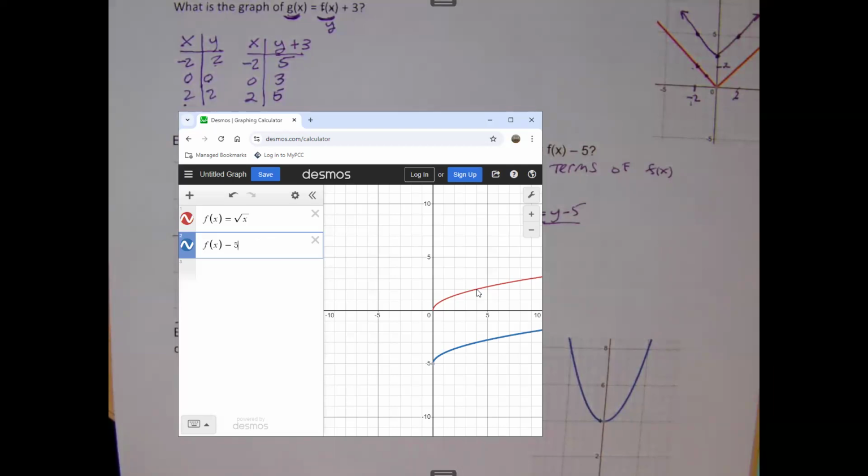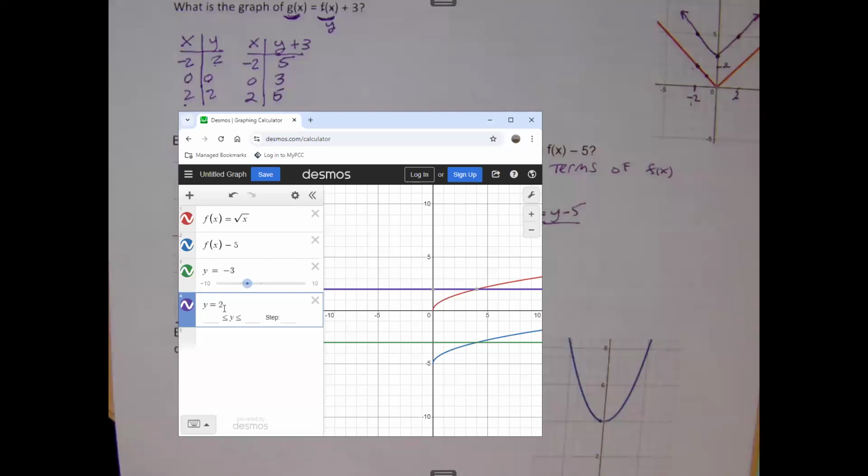There is 4 right here. And now I went down all the way to negative 3 down here. All right, so if I come over here and just type y equals negative 3, we can clearly see that. And then the other one was y at 4, I get 2. And all that's happening again is that the point (4, 2) has gone down by 5 units. 1, 2, 3, 4, 5.